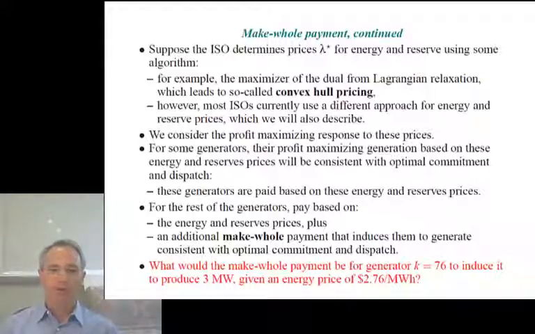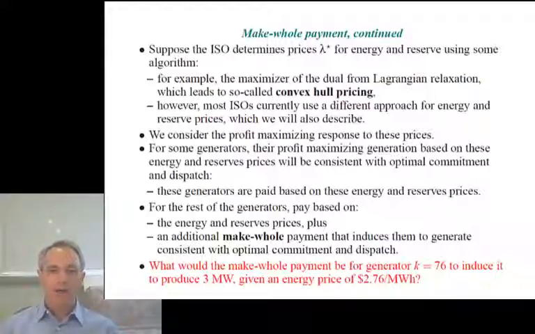For some generators, their profit-maximizing generation based on these energy and reserve prices will be consistent with optimal unit commitment and dispatch. For these generators, we simply pay them based on the energy and reserve prices. That's the end of the story for those generators.